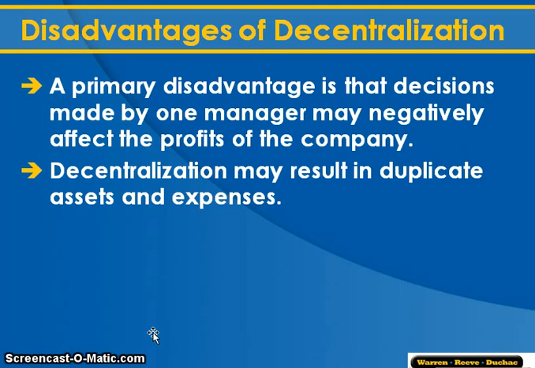And decentralization may also have duplicate asset expenses. You're probably going to have an entire human resources department in KFC, another human resources department in Taco Bell, and another one in Pizza Hut. So you have a duplication of a lot of different areas.